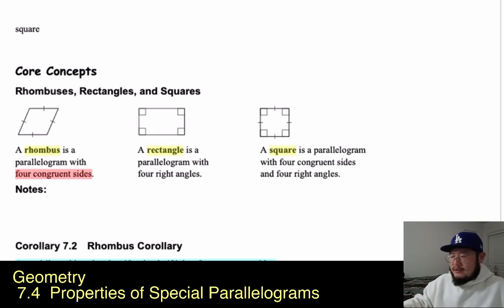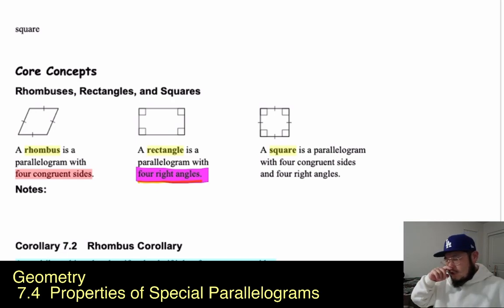A rectangle is a parallelogram with 4 right angles. That's the little extra part to making a rectangle special. So not only is it a parallelogram, it also has 4 right angles.